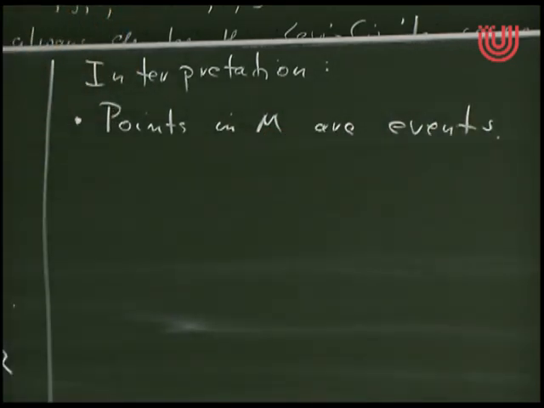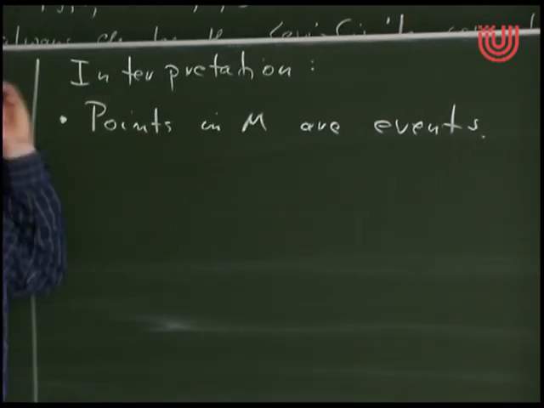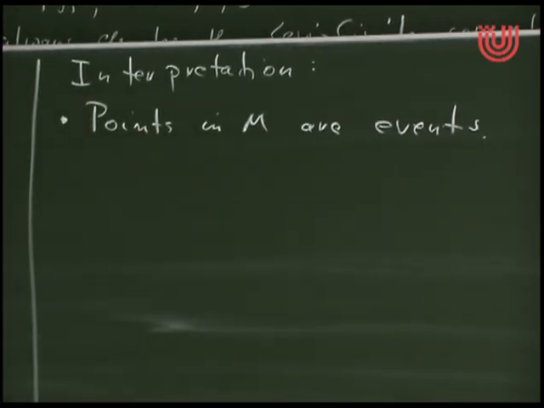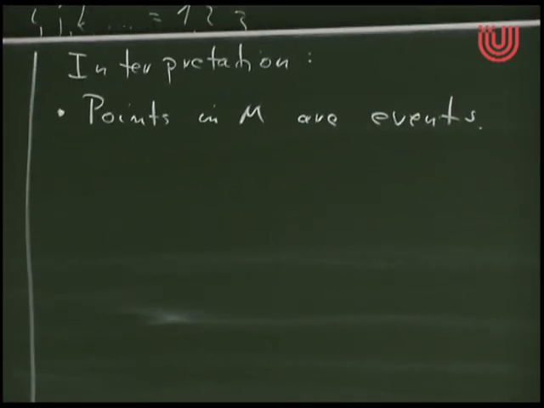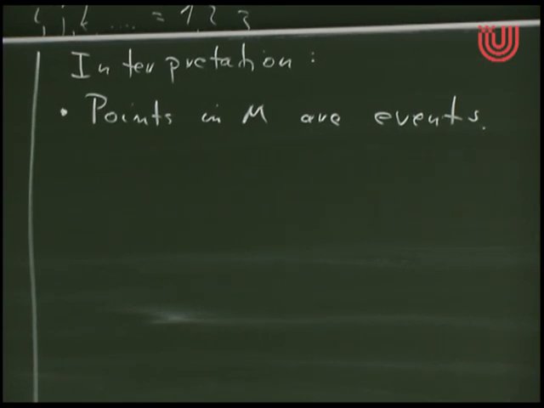Every point is an event, something which happens at a particular time at a point in space. We are used to this four-dimensional view from special relativity, that we do not speak about points in space and moments of time, but that we combine them into four-dimensional entities. So these are the points in M.